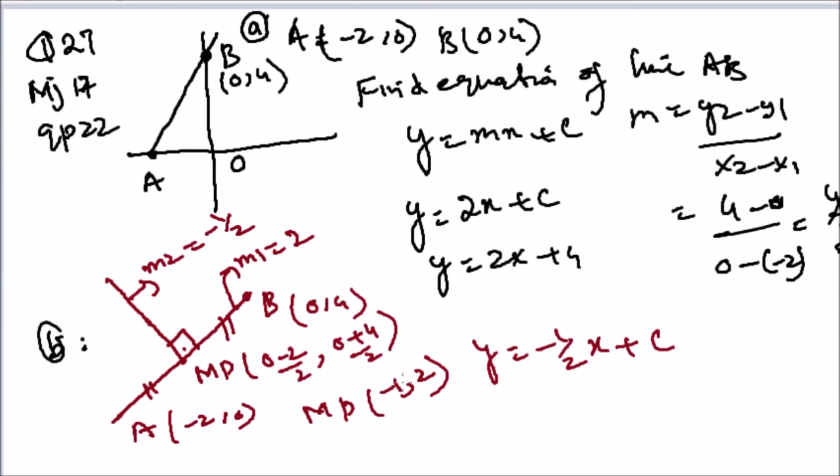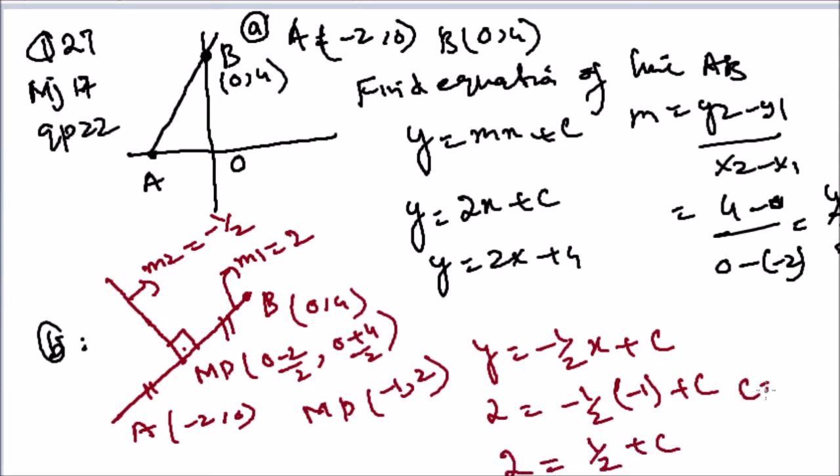We input this midpoint here. So 2 is equal to -1 over 2 into -1 plus c. So 2 equals 1 over 2 plus c, and c is 2 minus 1 upon 2. So c becomes 3 upon 2.